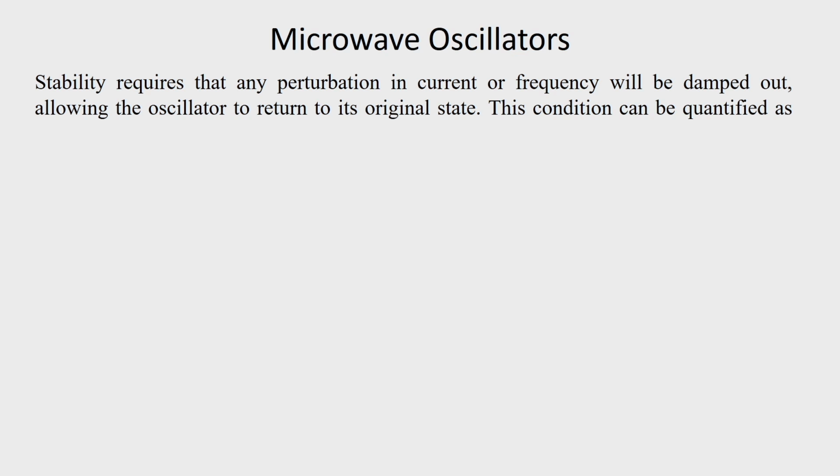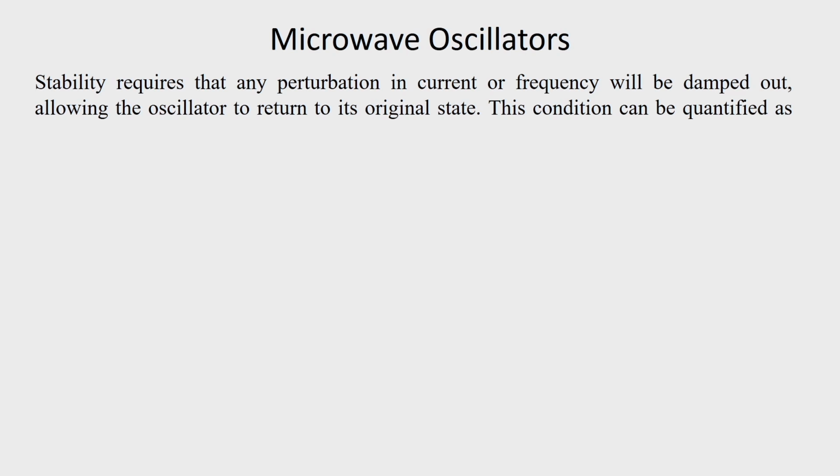So, a small change in the current or frequency will be damped out, allowing the oscillator to return to the original value, and this condition can be quantified as del of XL plus Xin with respect to del omega much greater than 0.